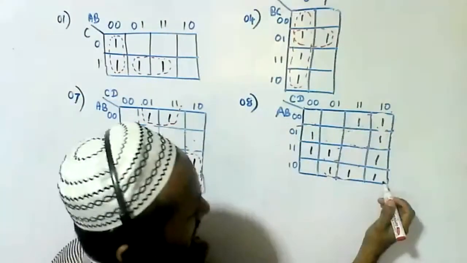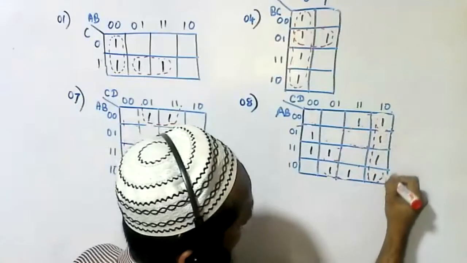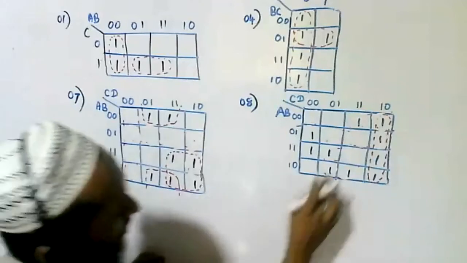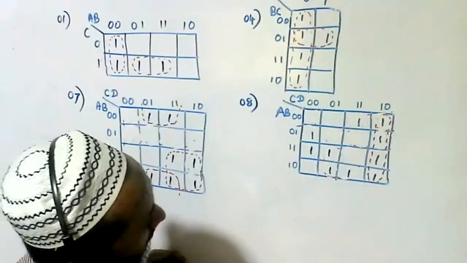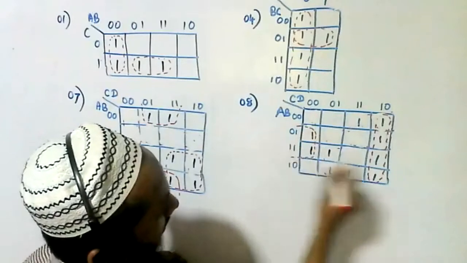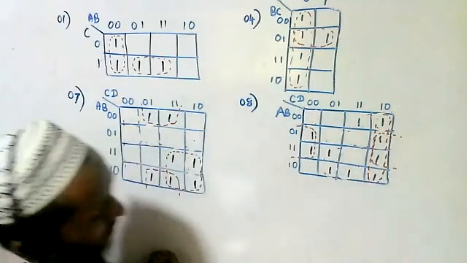So I'm coming to this one. I'm going to group this. Here, 4 ones are there. Can create 1 group. And here, 4 ones we can group like this. 2 groups.